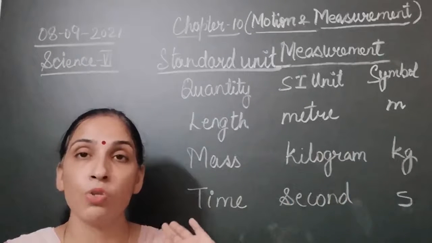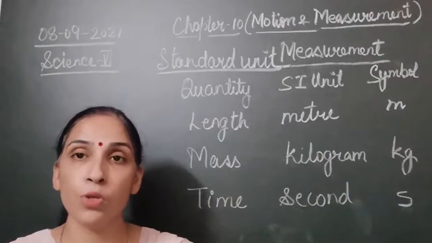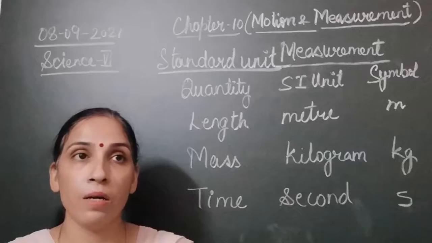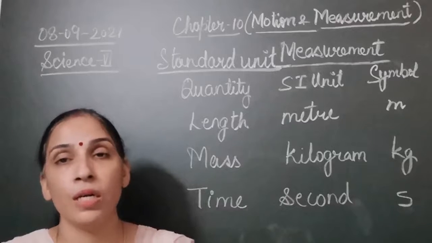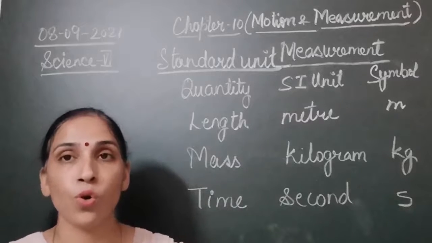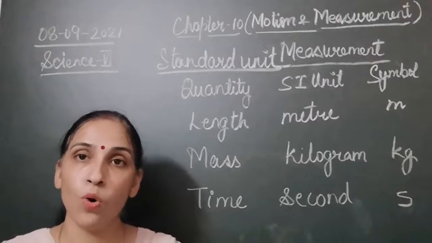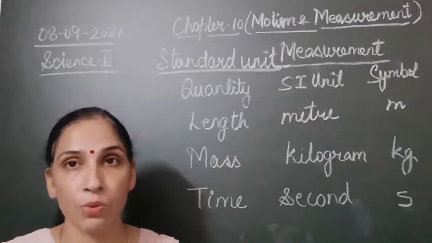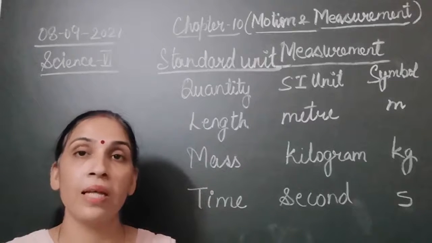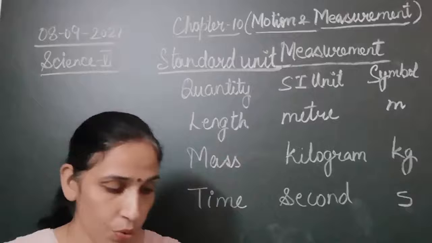So what did we require? We required a unit which is globally acceptable, with which all things will be measured, and that will never become wrong.